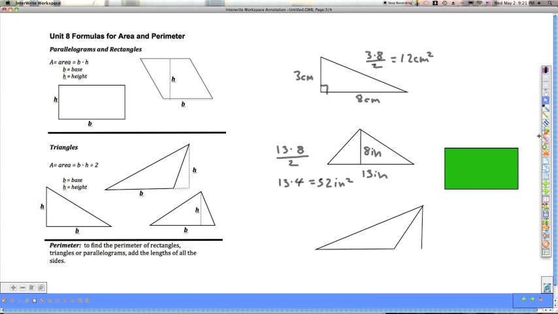I'm going to measure this height, and we'll say that's going to be 5 centimeters, measured with my ruler. And then the base of the triangle, not from here all the way across, just this part. So the base of the triangle there, let's say, looks like about 9 centimeters to me. So we're going to go 5 times 9 divided by 2. That's 45 over 2. That's going to be 22 and a half.